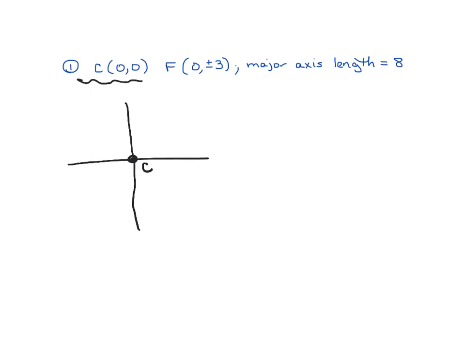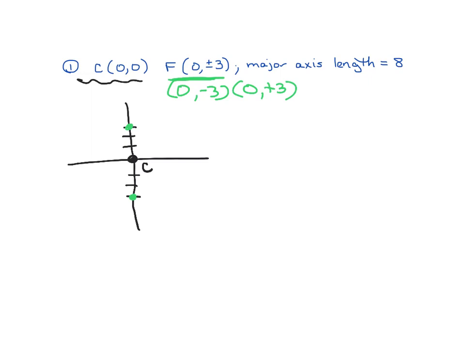And then I'm going to graph the two focus points. Now, notice my focus points, I could break this apart and say it's 0, minus 3, 0, plus 3. So what I'm going to do is graph those two. So I'll put one here and one here.